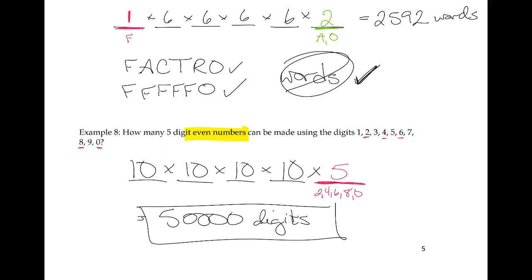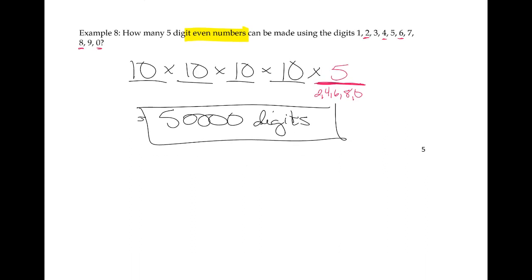In my second place, I have 10 numbers to choose from again. In my third place, I have 10 numbers to choose from because I'm allowed to repeat it. And in my fourth place, I have 10 numbers to choose from because I'm allowed to repeat numbers. But my last place is only allowed 5 options because I'm given that restriction of even numbers.